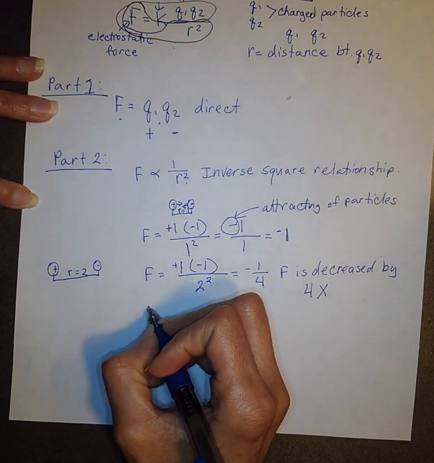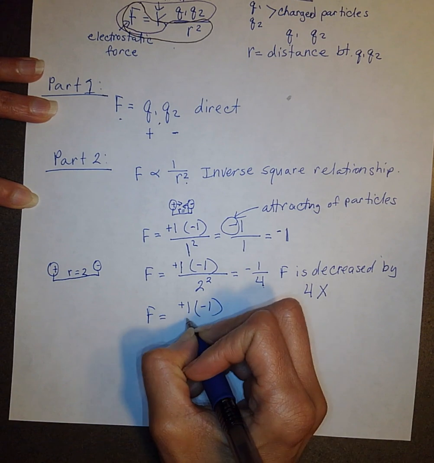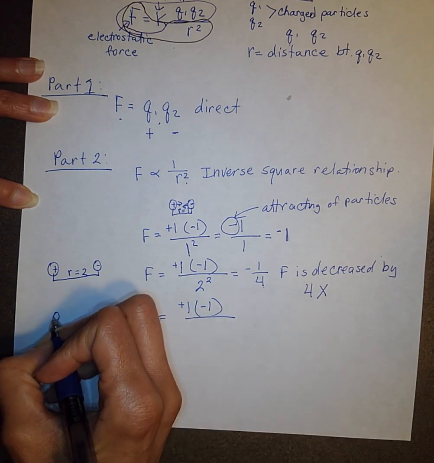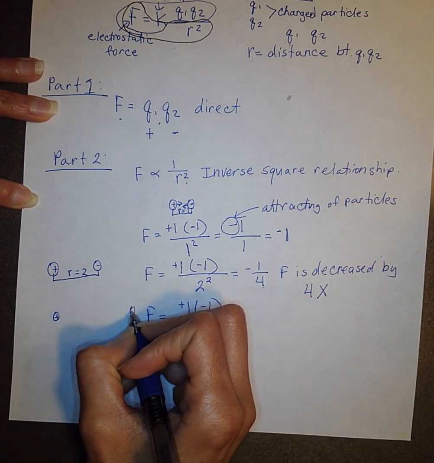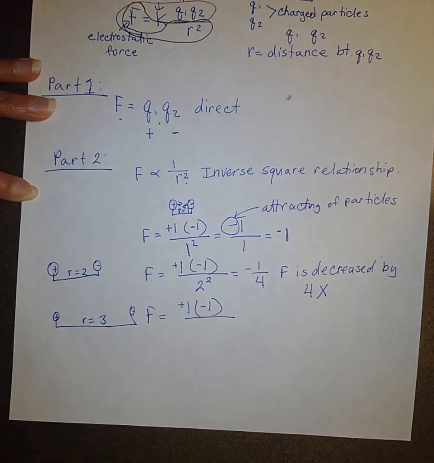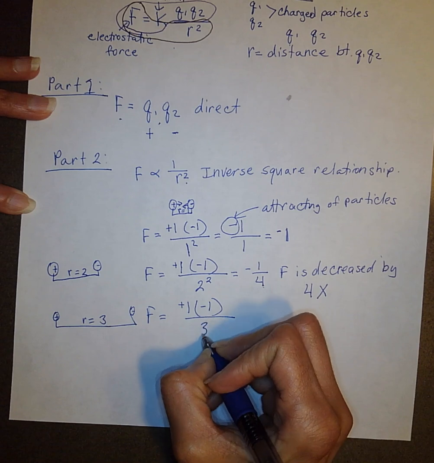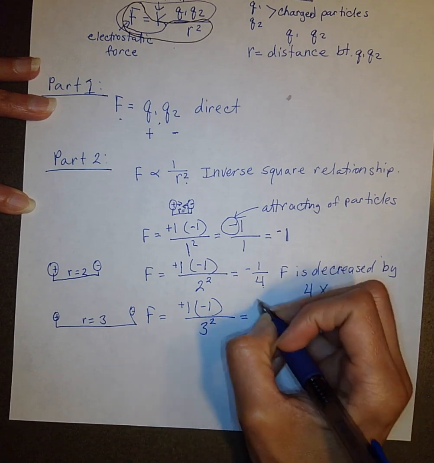And if we continue the same thing here, plus 1 times minus 1, and let's say the distance between them is now r equal to 3. These seem like really small numbers, 1, 2, 3, but when we talk about inverse square, these numbers can really add up.